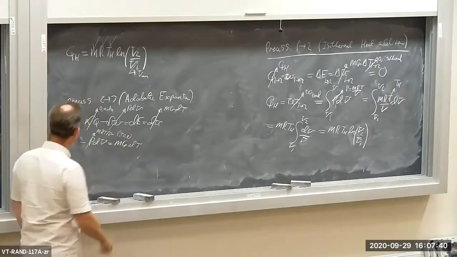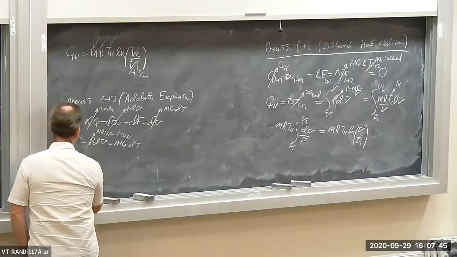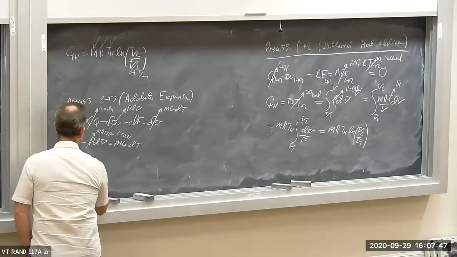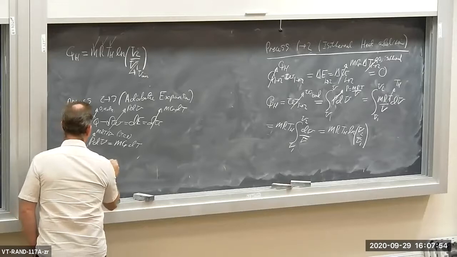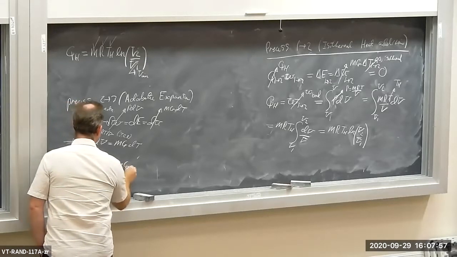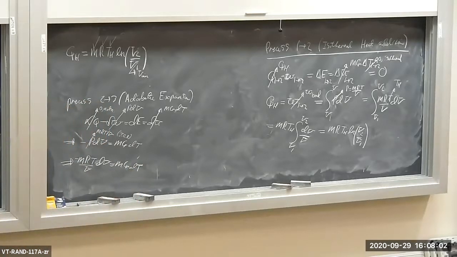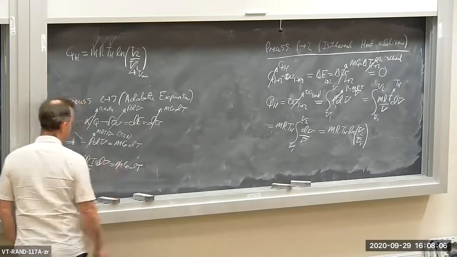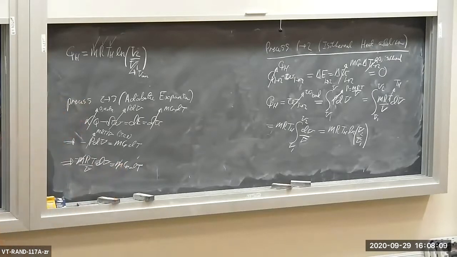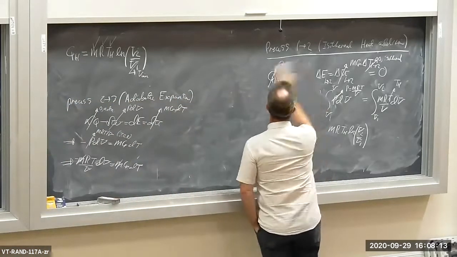Okay, so let me make the substitution here. Negative mRT over V, oh, I'm sorry, I forgot the dV, dV equals mCV dT. Notice the masses cancel out in that equation. That helps. And I get, let's write what I got left over.